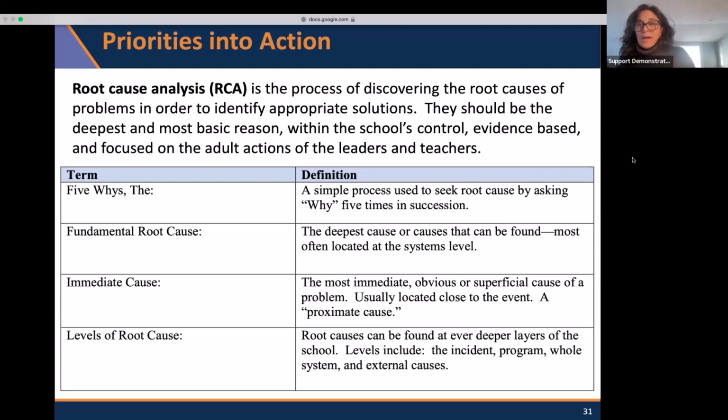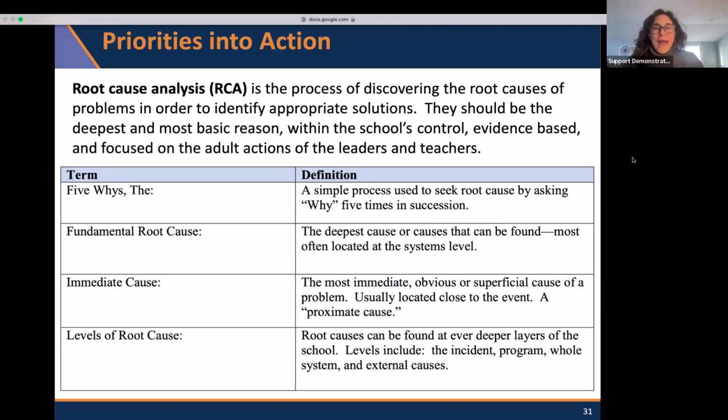So you always want to hone it down to the most basic reason and keep it within the school's control. You want to find evidence to support that root cause, so you want to use data. And you want to keep it focused on what the adults, the leaders, and the teachers can do to mitigate the problem.